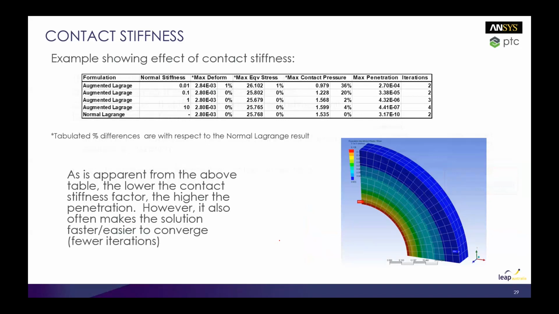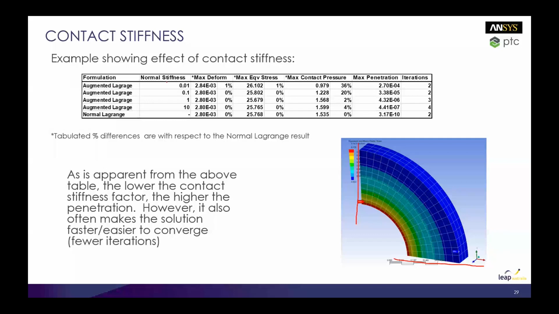Okay, so in this example, we can show the effect of contact stiffness. This is basically a quarter symmetry model of an interference fit. This part is larger than the other, so the aim is we want to resolve that interference.